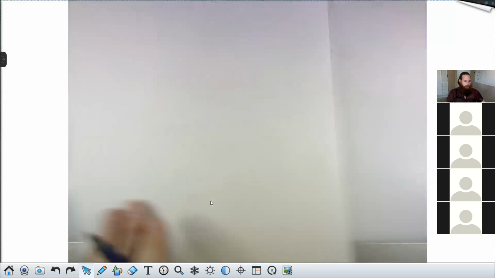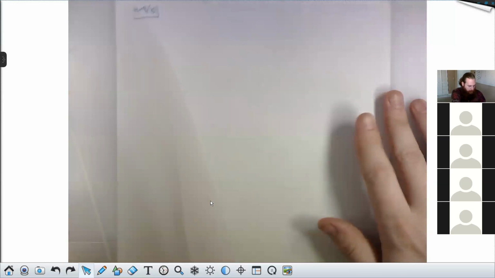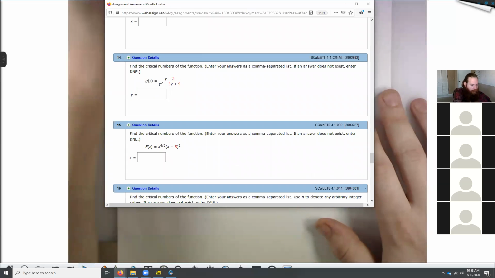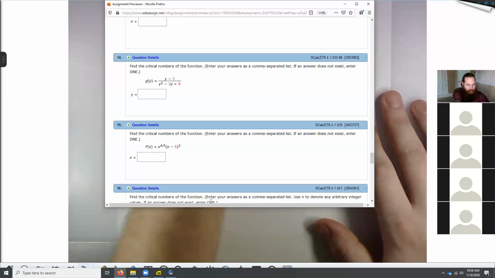Let's take a quick look at number 15. These both look like good problems worth spending some time on. We want to find the critical numbers for f of x equals x to the 4/5 times (x minus 5) all squared.